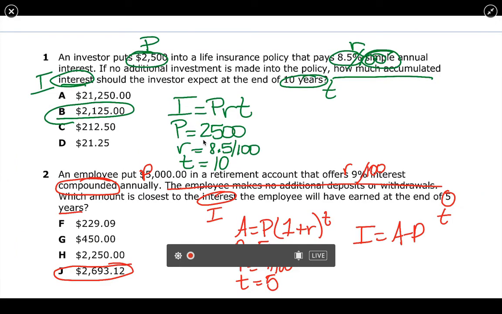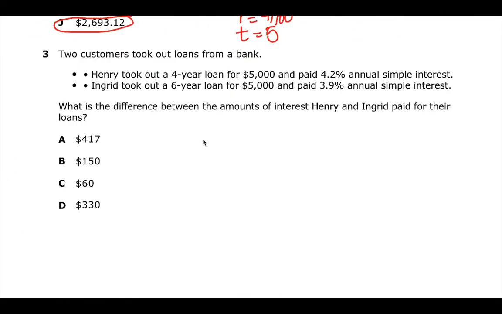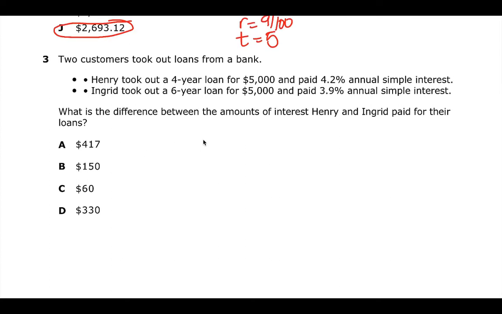Number 3. Or next, as Miss Miller says. Yeah, number next. 2 customers took out loans from a bank. There's 2 people. Henry took out a 4-year loan for $5,000 and paid 4.2% annual simple interest. Time, principal, rate, and simple.